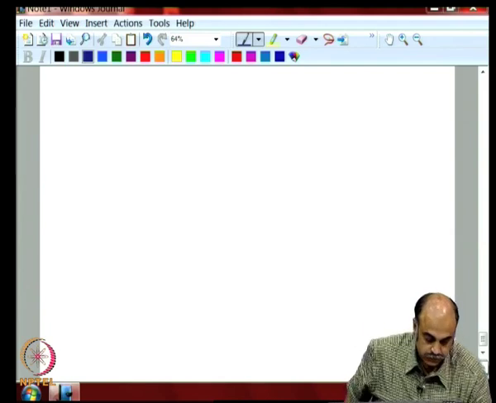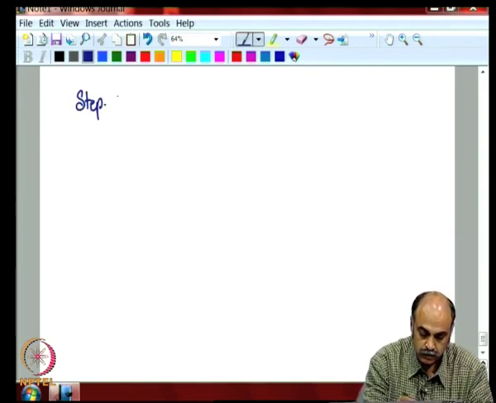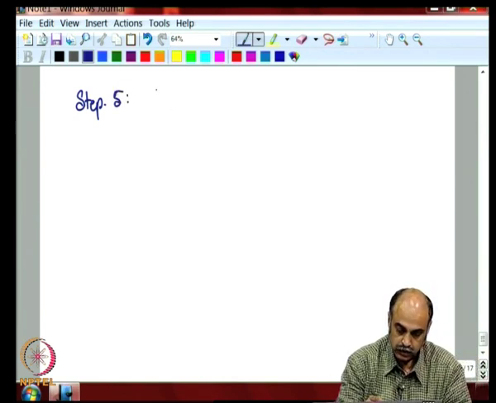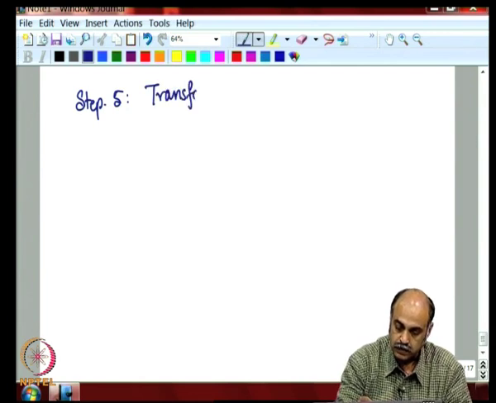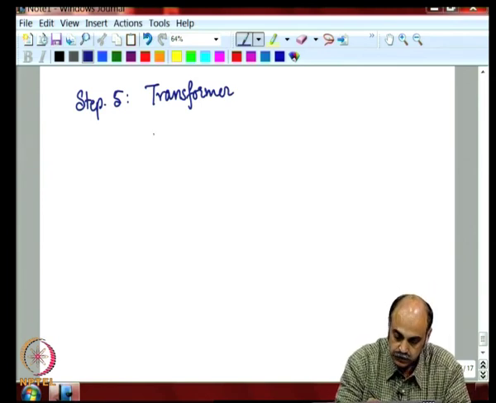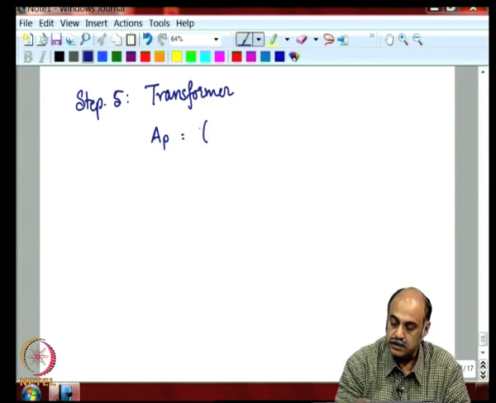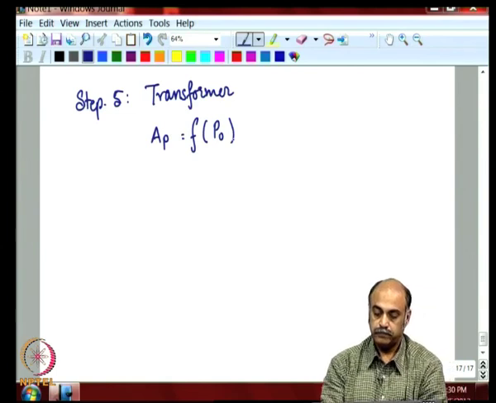Now, next step would be to design the transformer. So, in the transformer, first you have the area product, calculate the area product, which is a function of P naught as we observed.